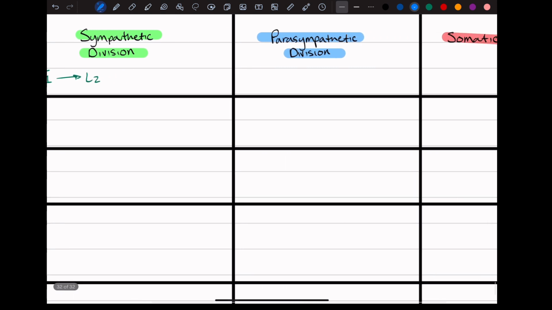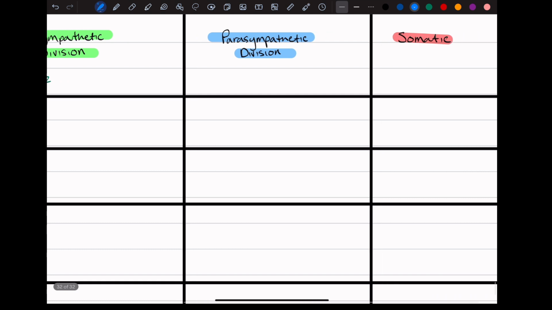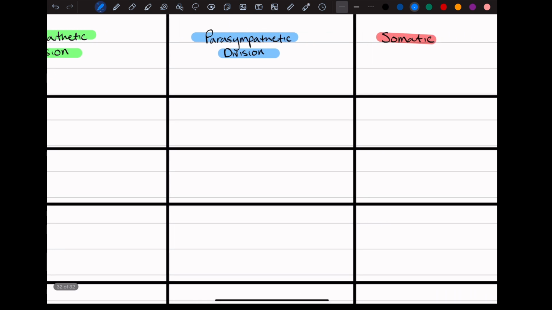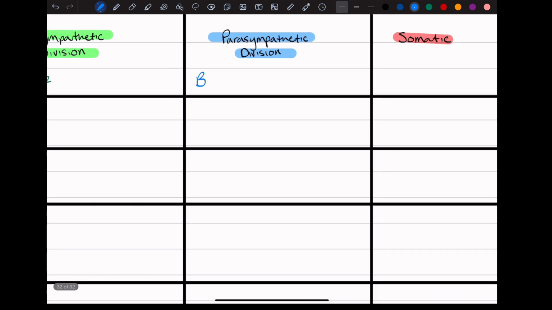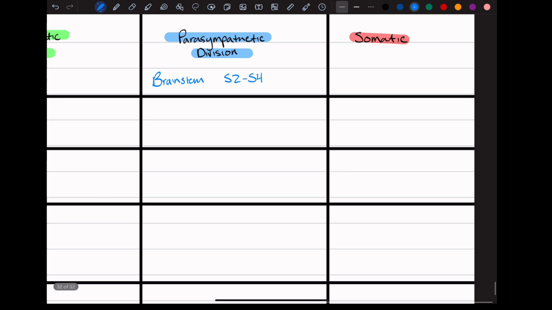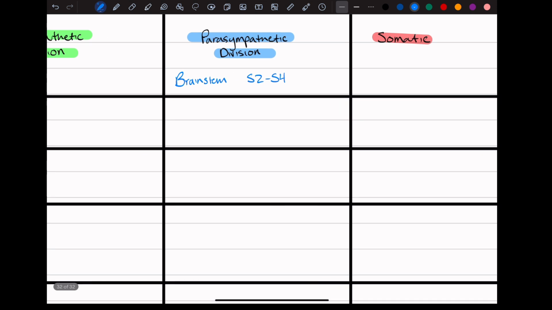For our parasympathetic division, we're going to look at the craniosacral region. So this will be the brainstem, along with our sacral regions S2 through S4. And then the somatic is going to be our spinal cord at all levels.